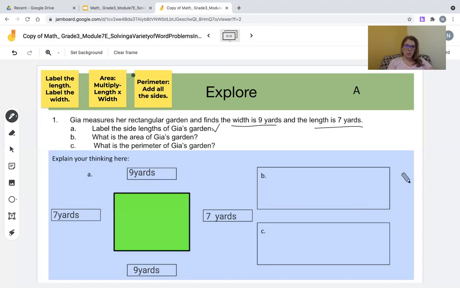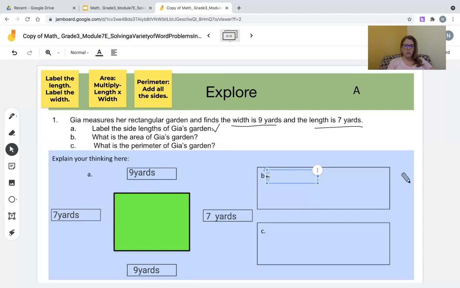The to-do step is to multiply the length and the width. I can use the text box and now go to section B here. In section B, I know that the formula to determine area is to multiply the length and the width.